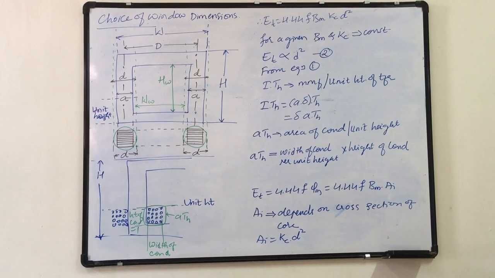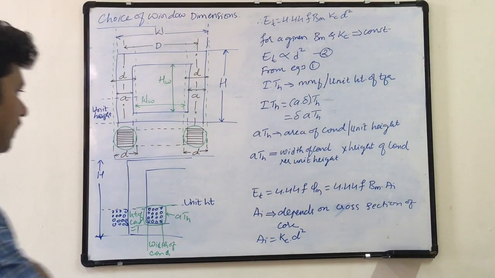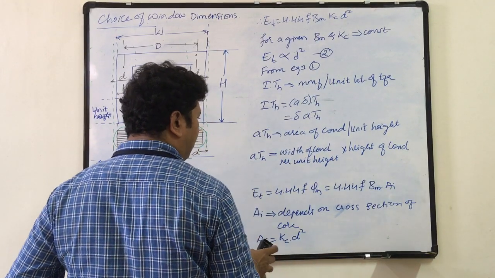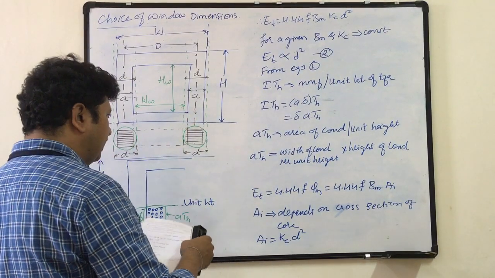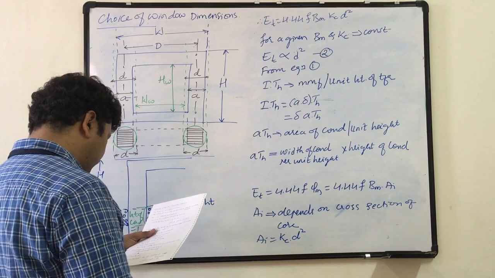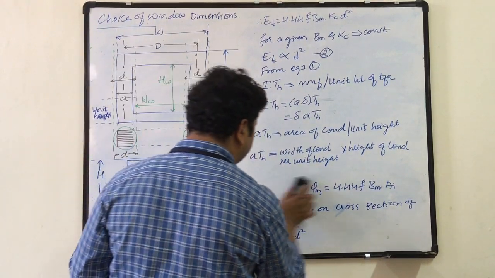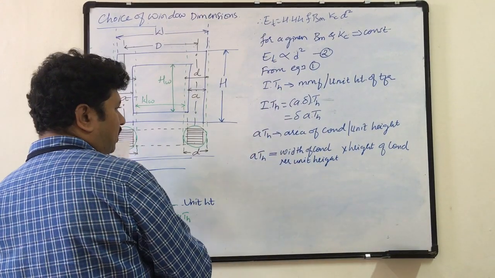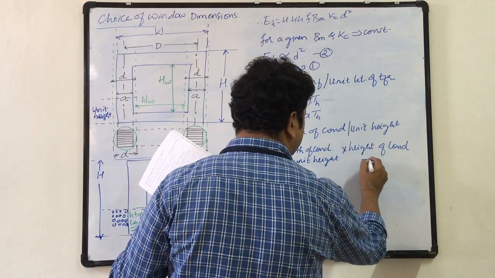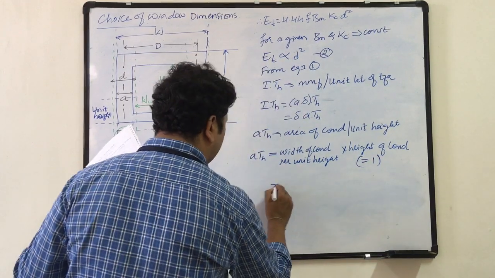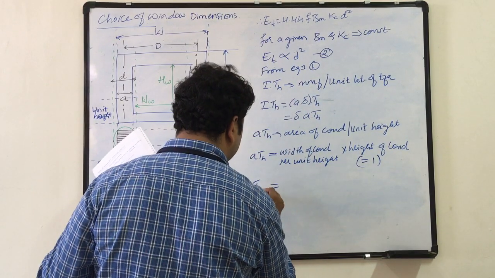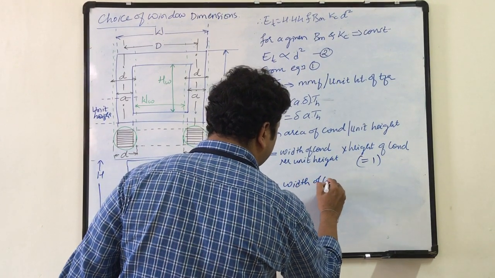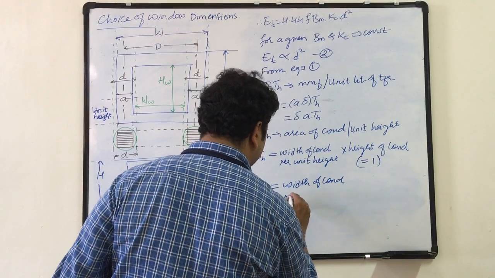So what I get here? Width of conductor into height of conductor. So A into TH is equal to width of conductor times height of conductor, which is equal to 1. So I will write A into TH is equal to width of conductor per unit height.